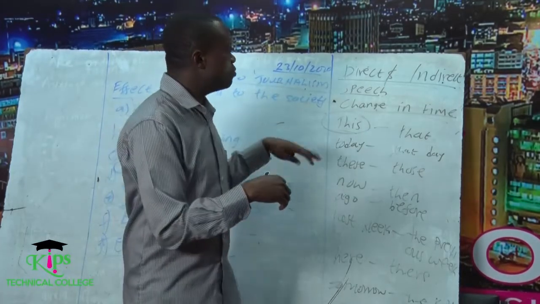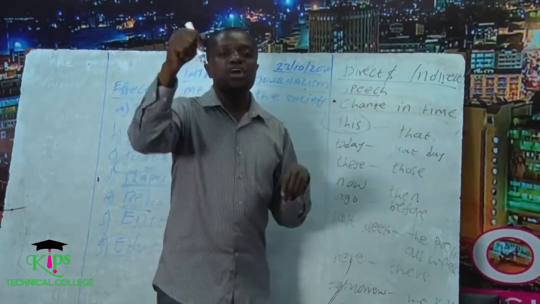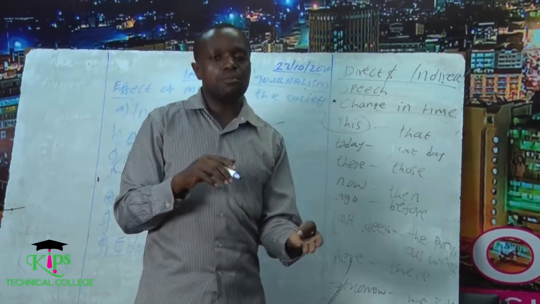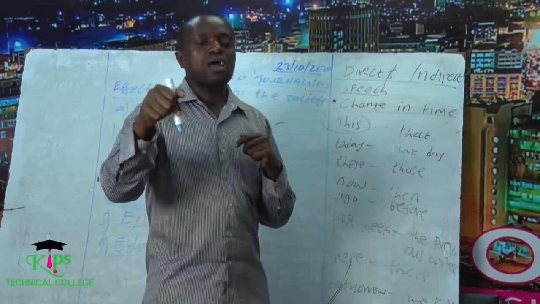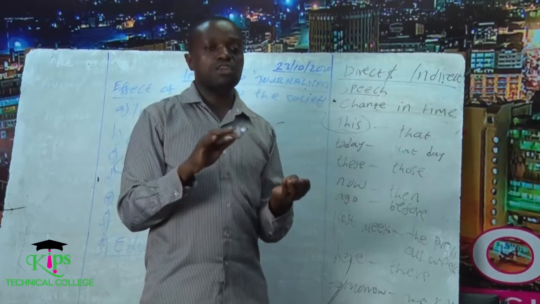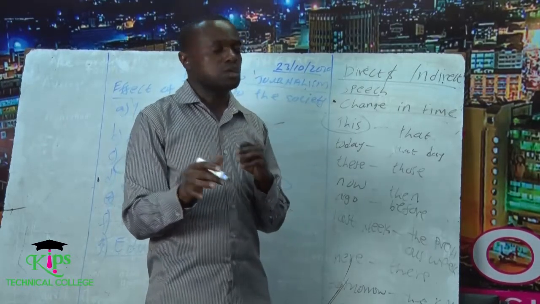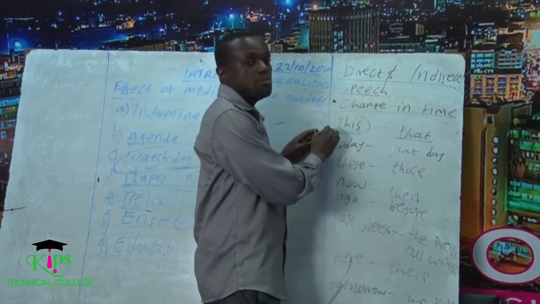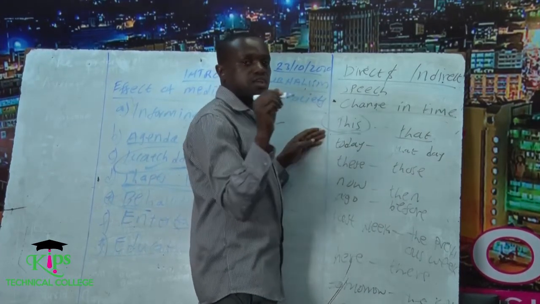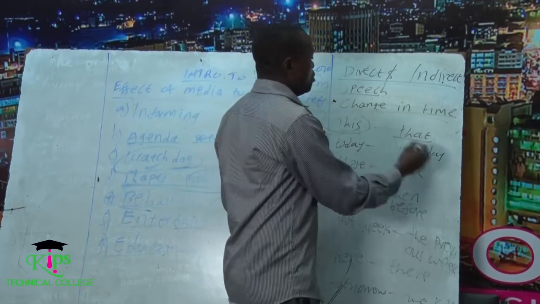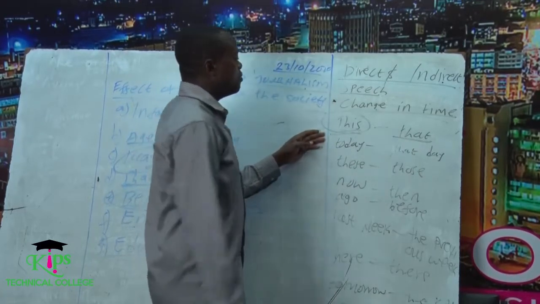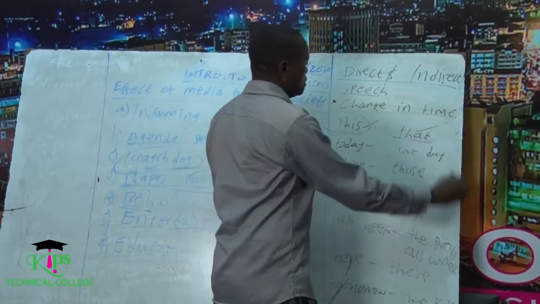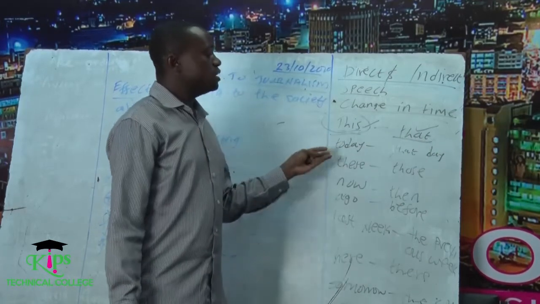It's going to be converted to: Halima said that was her mango. Instead of saying this is my mango, it will be that was her mango when you are converting from direct to indirect speech. So this changes to that, which means the tenses change from the present tense form into the past tense form.